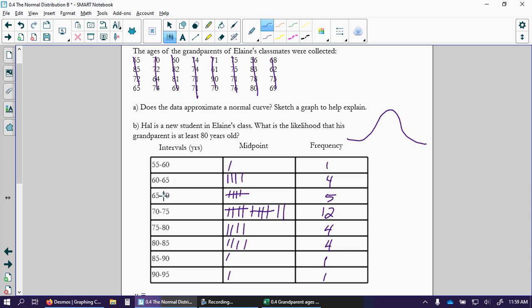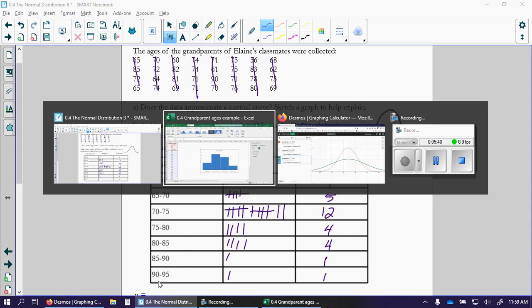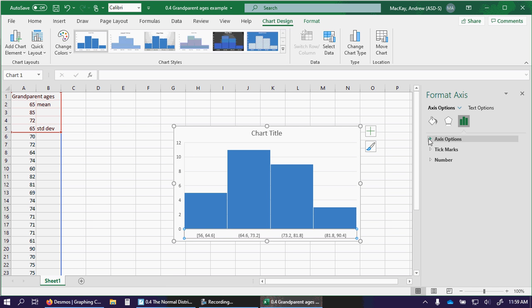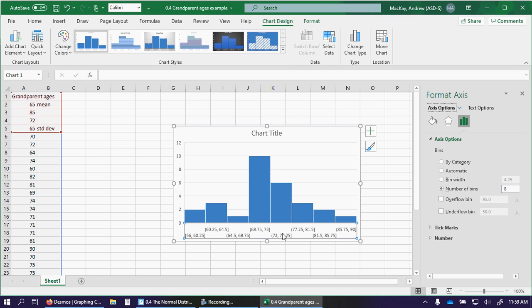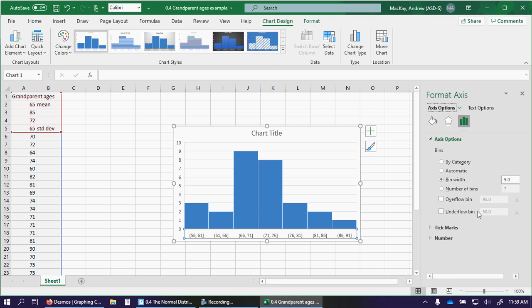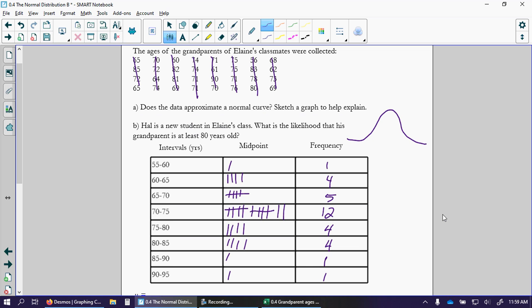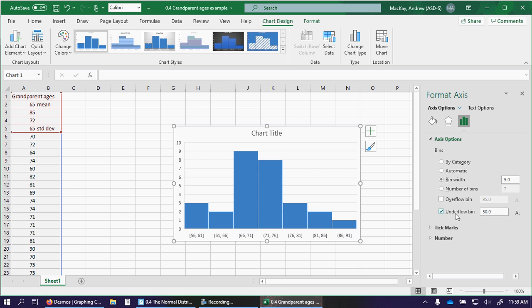So what did we have? 1, 2, 3, 8 bins. Bin width of 5. Let's say, I want to do this one. What do we have? Less than 60.